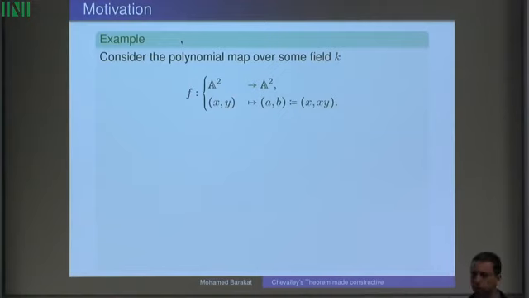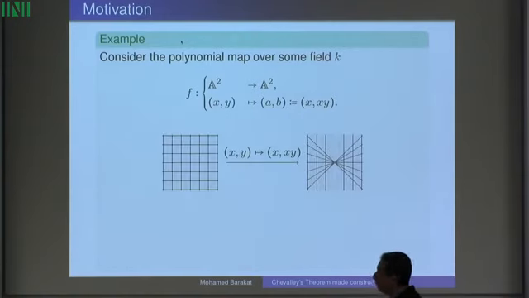It's a map from A2 to A2. If you want to draw this as a graph, you need a four-dimensional space, which is a bit tricky. So what you do is you simply write down a grid in the codomain, and then try to understand the effect of the map on the grid.